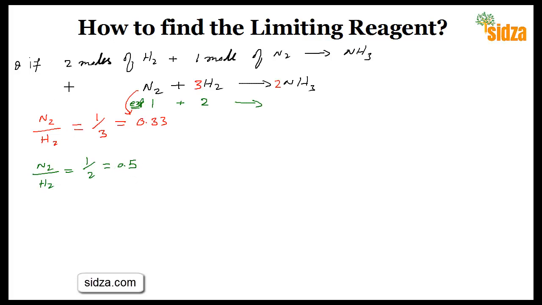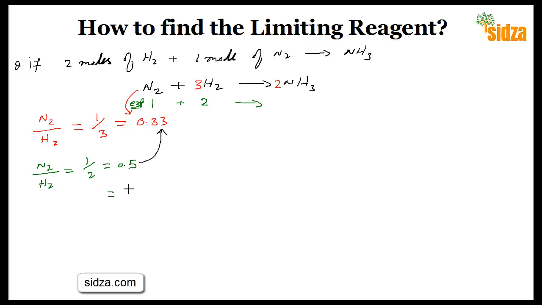So the first thing is finding the ratios in terms of the balanced chemical equation and the experimental ratio from your question. Then you need to compare the experimental ratio with the balanced chemical equation. Three things are possible. Either the experimental ratio is equal to the balanced ratio.